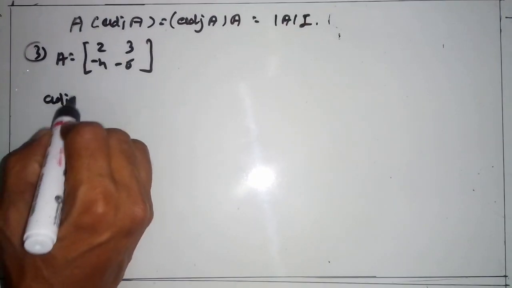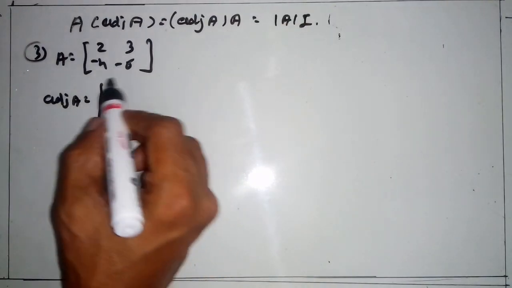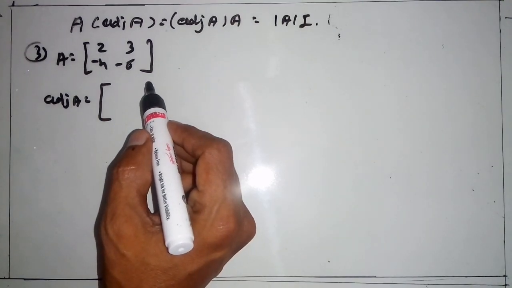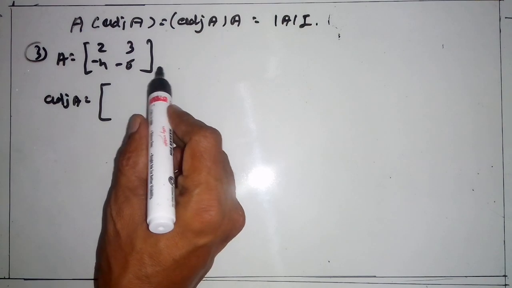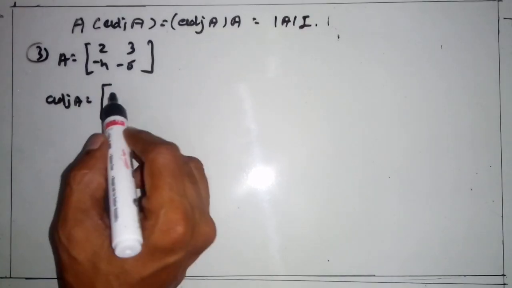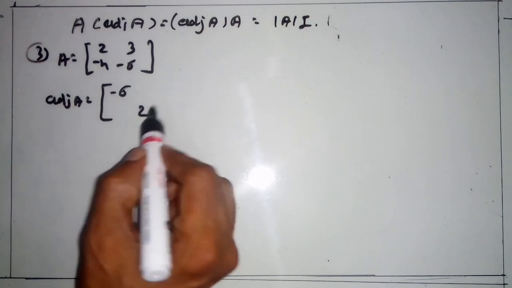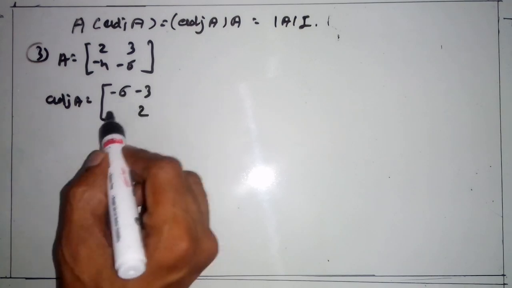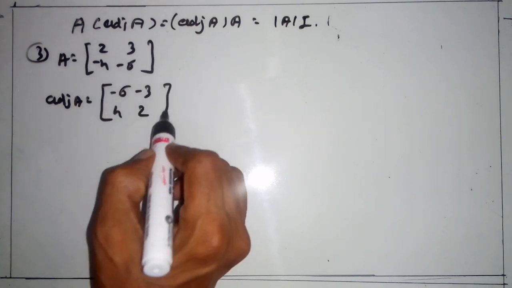So adjoint of A is equal to, we know how to get the adjoint of A for a 2 cross 2 square matrix. Replace the principal diagonal entries: minus 6, 2, and change the sign of the other diagonal entries, minus 3 becomes plus 4. Clear?